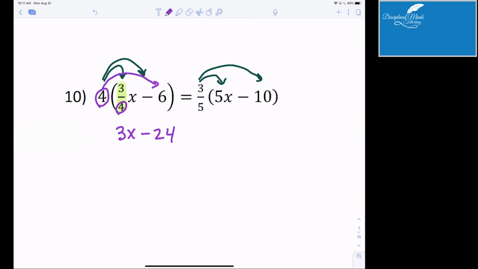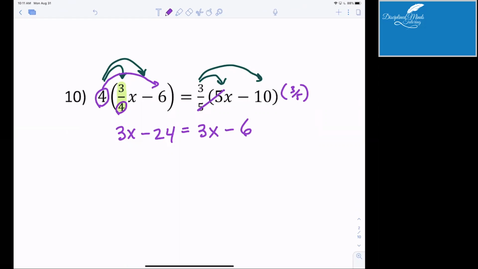Now, 3/5 times 5. Well, we can divide out the 5s, so that's left with 3x. Now I have to multiply 10 times 3/5. 10 divided by 5 is 2, times 3 is 6, so now I have minus 6.